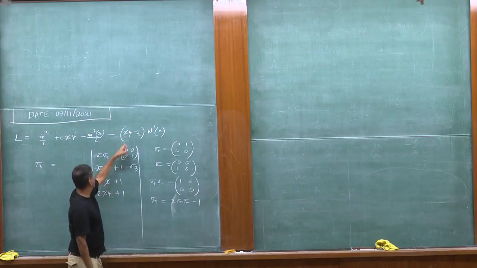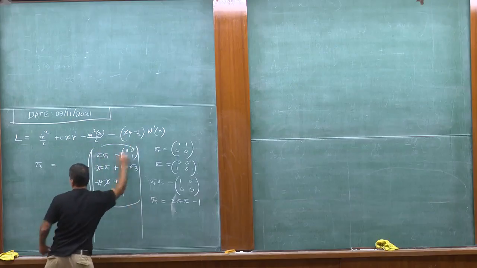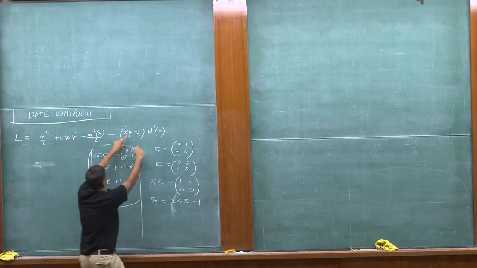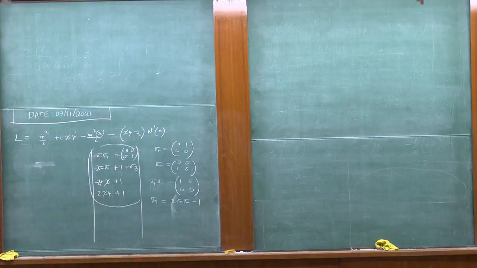So had we done it this way, we would have found the same Lagrangian here, but the sign of this half would have flipped: minus half would have become plus half. So you see, there are 2 different regulators of the same path integral that differ by this constant term.